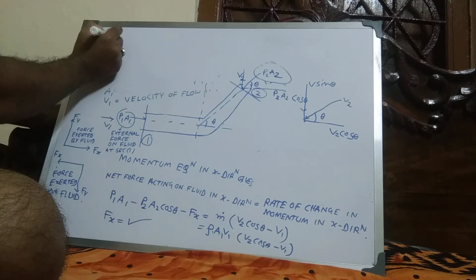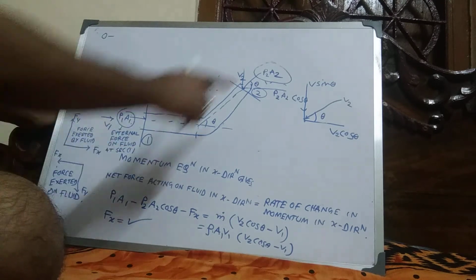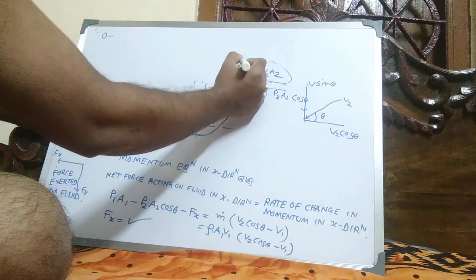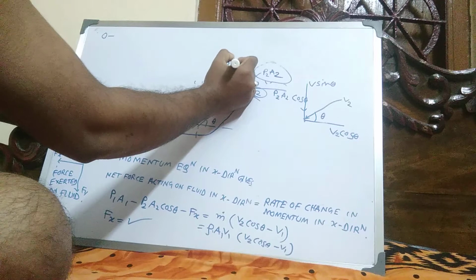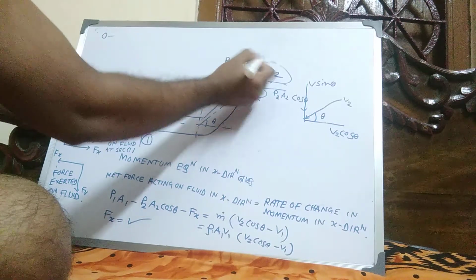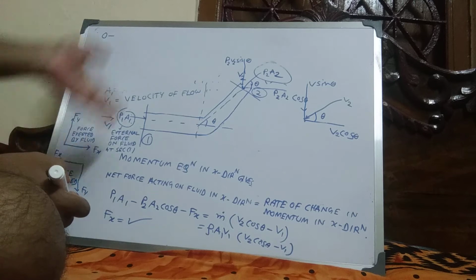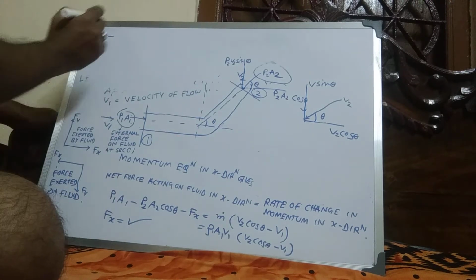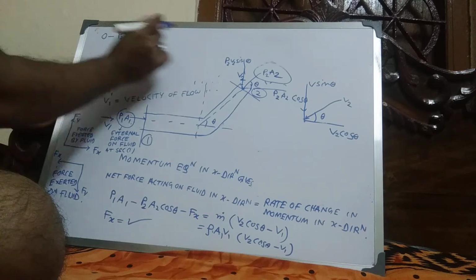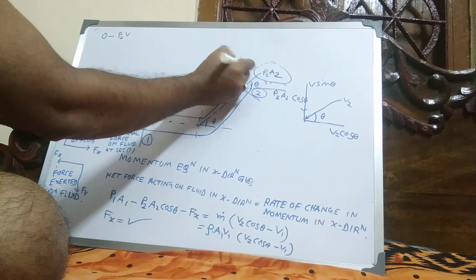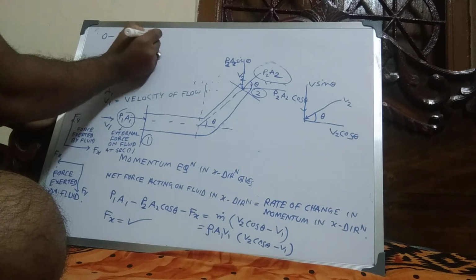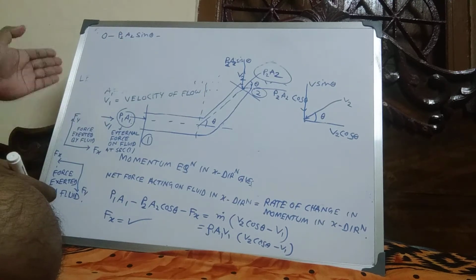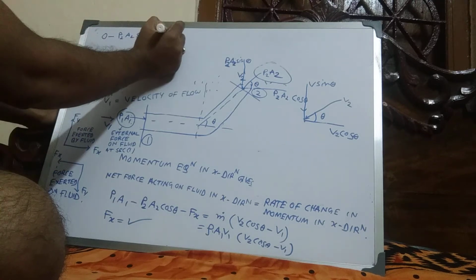Here the pressure force is 0, and here the pressure force is this P2 A2 sine theta, and this is downward is negative, P2 A2 into sine theta, and Fy, this is the force exerted on fluid, minus sign.